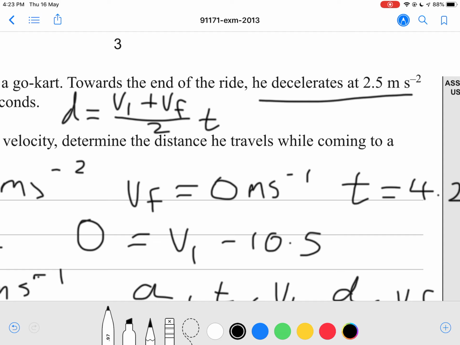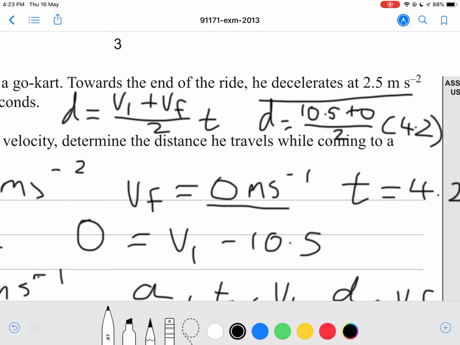Just to prove that it's the same answer, we'll say D equals, so initial velocity was 10.5, we figured that out, plus final velocity, which we figured out is 0 here, so 0, divided by 2 and then multiplied by 4.2. If you plug that into your calculator, you should also get 22.05.